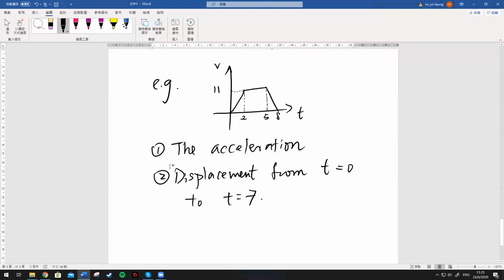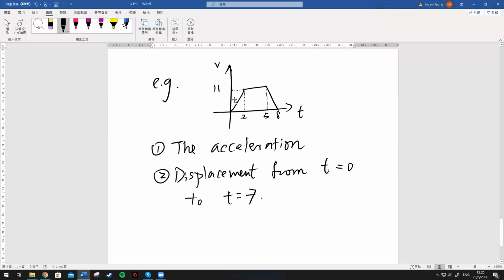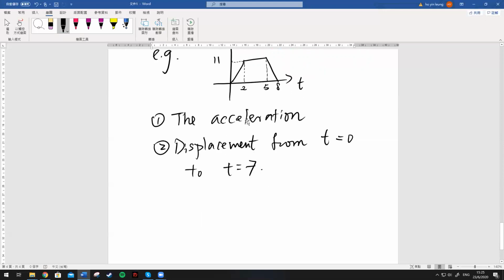First, the acceleration. Remember that's the gradient of this graph, so it is different for different periods of time.